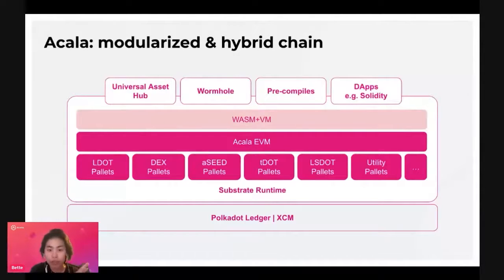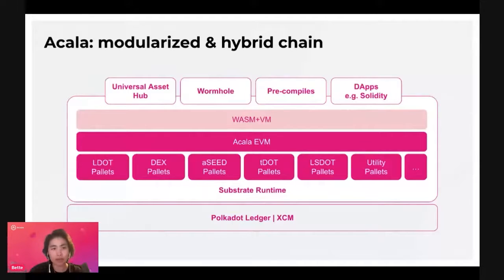For the technical side, just a reminder, we are a modular and hybrid chain where we acquire security from Polkadot, and we build up the stack in the Substrate runtime, where you see many different types of assets as well as DeFi protocols, ranging from liquid staking, ranging from DOT, and also to be built institutional LSDOT and other pallets, which are the protocols at the base layer.